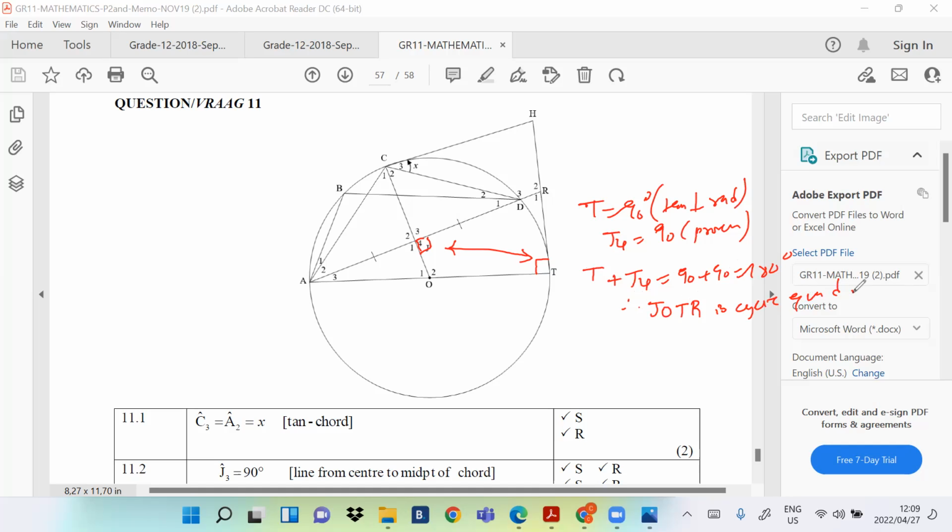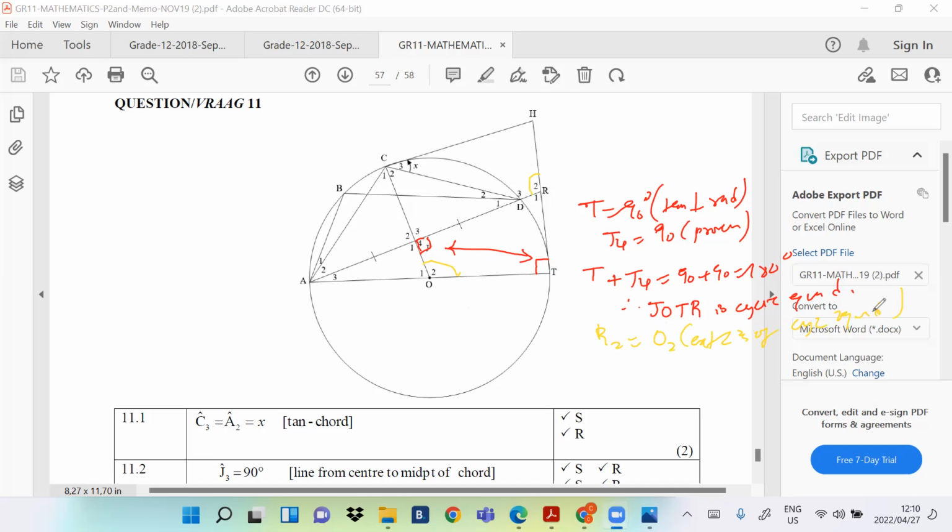Because the opposite angles add up to 180. Then if this is a cyclic quad, this will be equal to that. Exterior angle of a cyclic quad. If this is a cyclic quad, then R2 is O2, exterior angle of a cyclic quad.